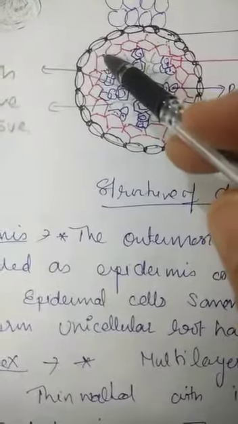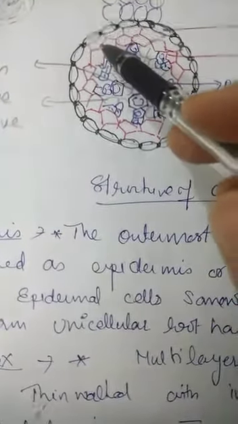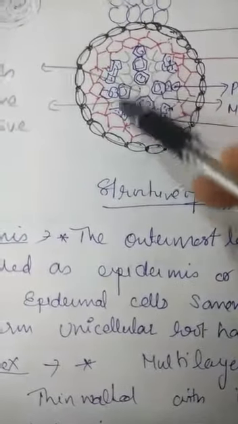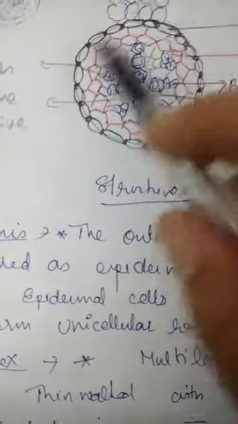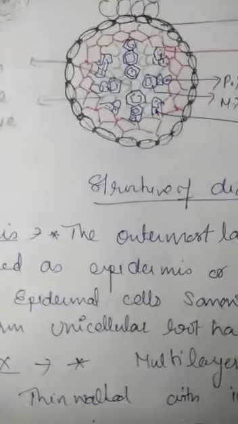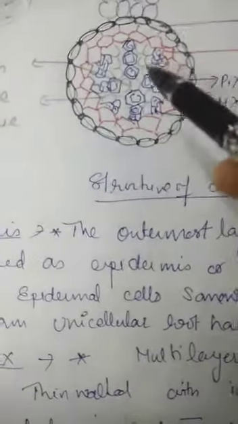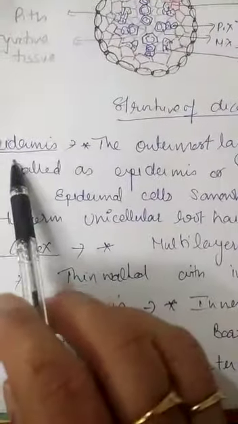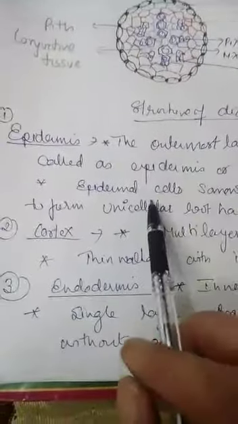Now this complete region below the endodermis, that is pericycle, xylem, phloem, conjunctive tissue, and pith, all this is called the stellar region, or stele. These are all the layers present in the dicot root. Here I have written about the epidermis: parenchymatous, single layered, with unicellular hairs.